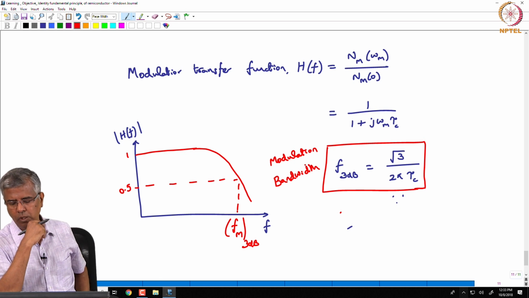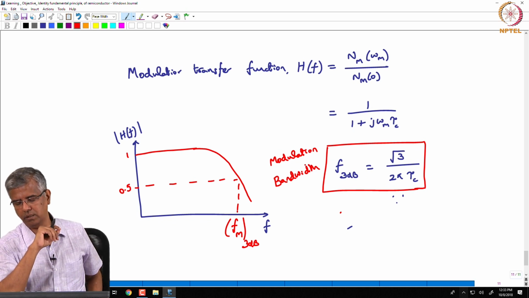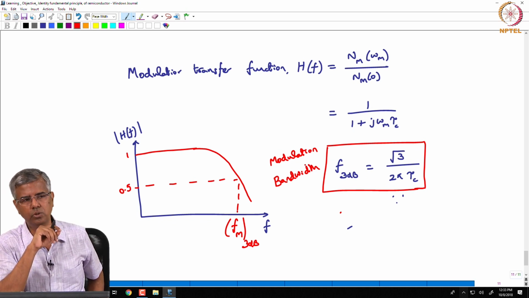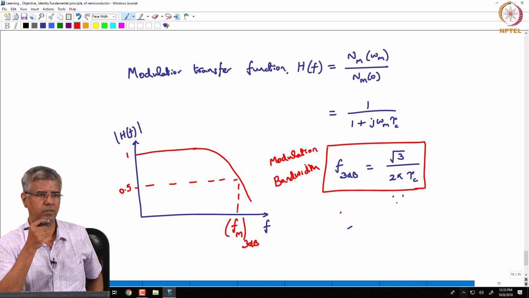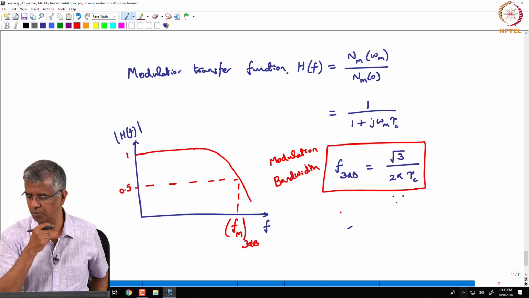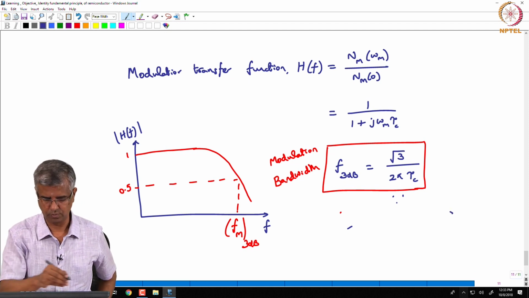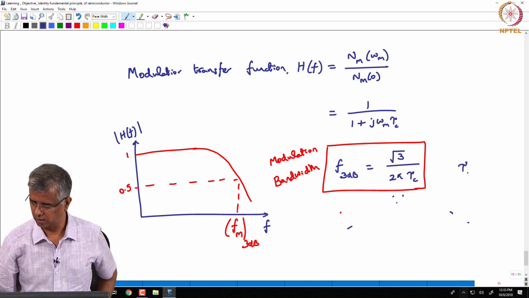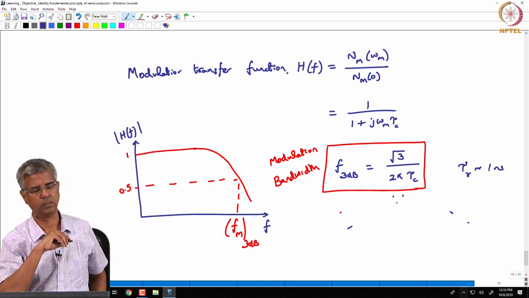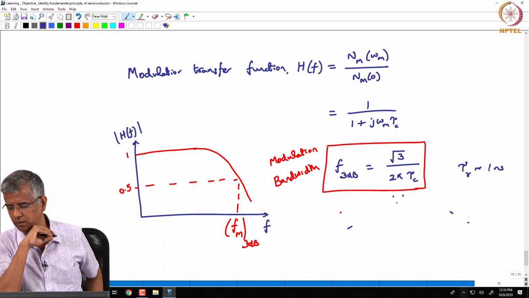So, for example, if your modulation is due to radiative processes, let us say the typical value for tau r is in the order of 1 nanosecond. Okay. That is typically the radiative recombination lifetime in a semiconductor.